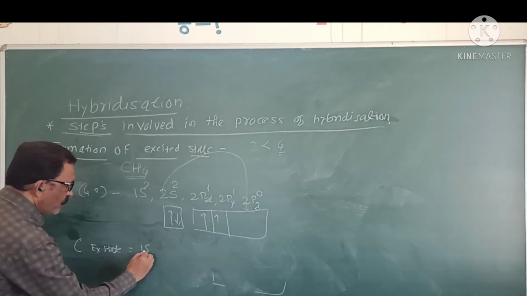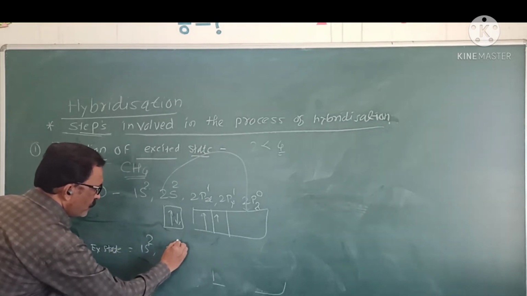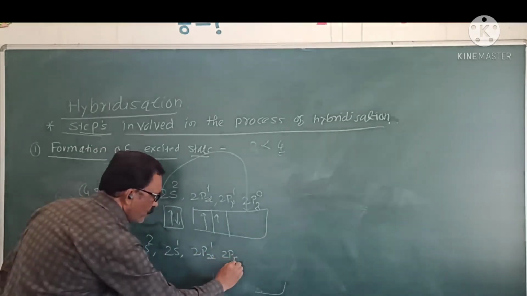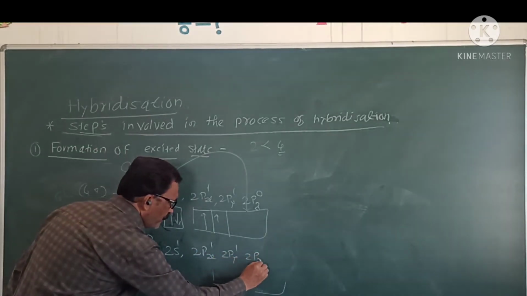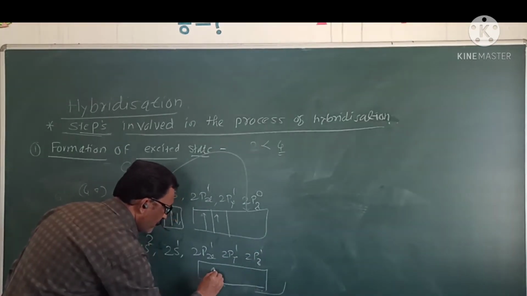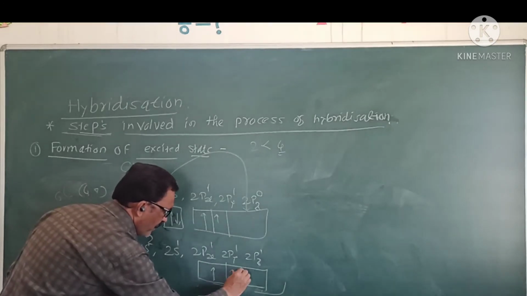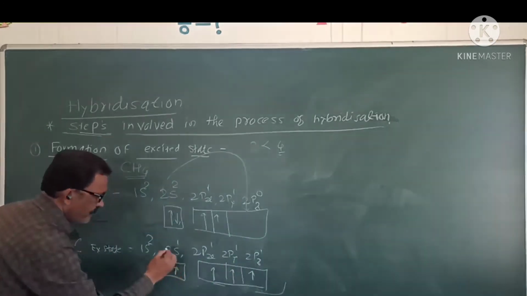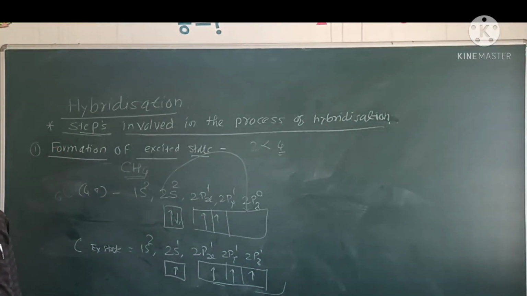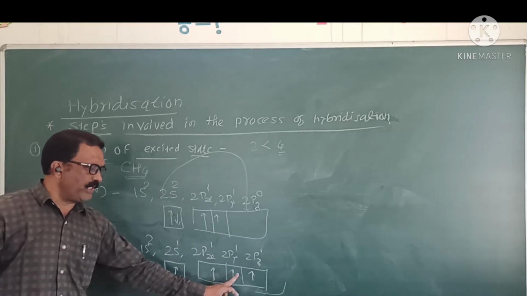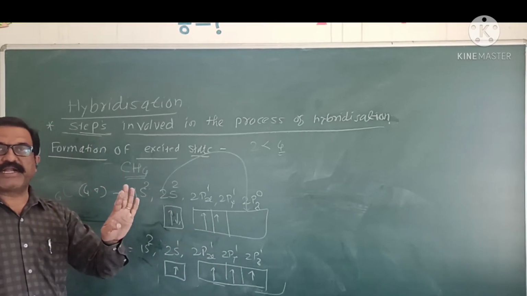Hence, carbon in the excited state is 1s2, 2s1, 2px1, 2py1, 2pz1. The valence shell contains 4 unpaired orbitals.